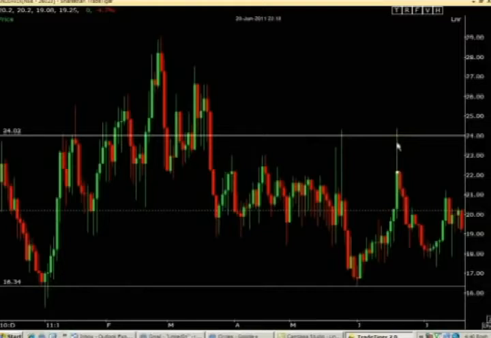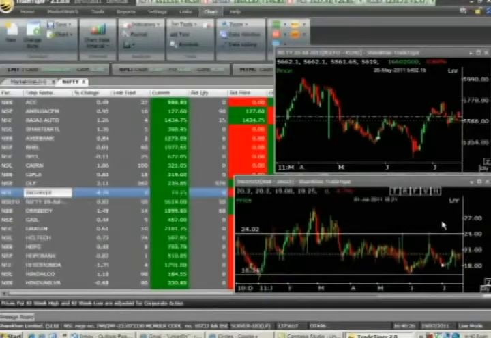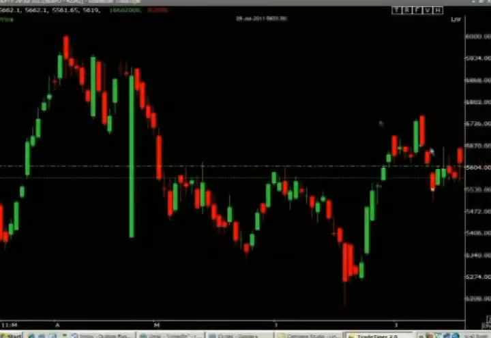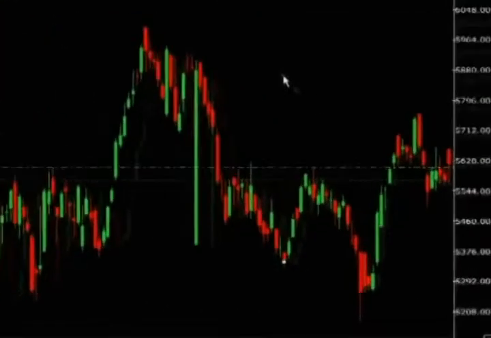Let's just make a note of this. One is June 20th. That's the point I'm pointing to right now. The second one is May 25th. So let's observe those two, June 20th and May 25th. I'm going to switch to the Nifty futures chart.